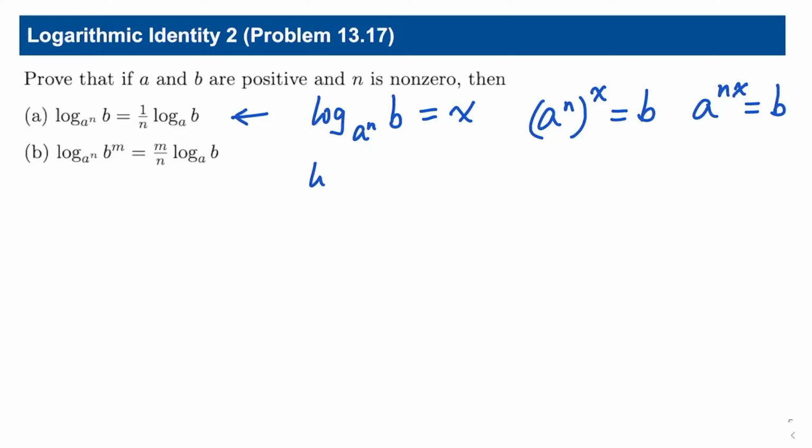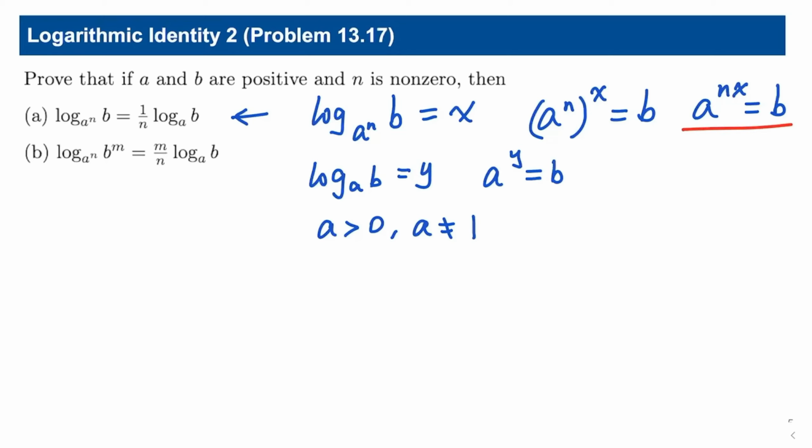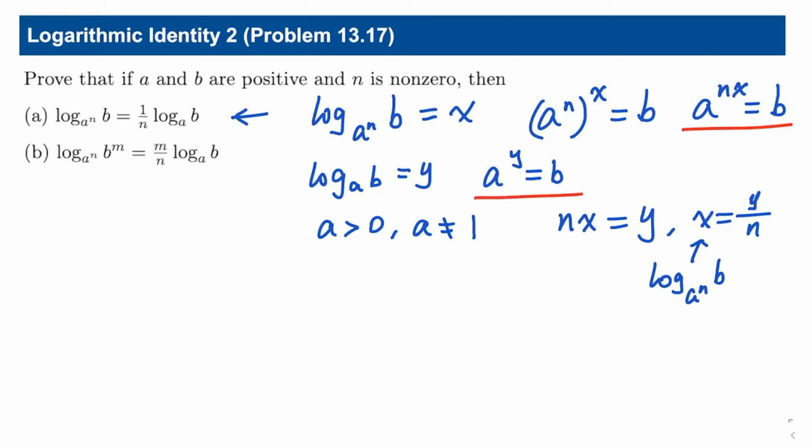Now, denote log base a of b equals y. Then a to the power y equals b. Because a is positive and a is not 1, this and this tells us nx equals y, or x equals y over n. x is log base a to the power n of b. y is log base a of b.